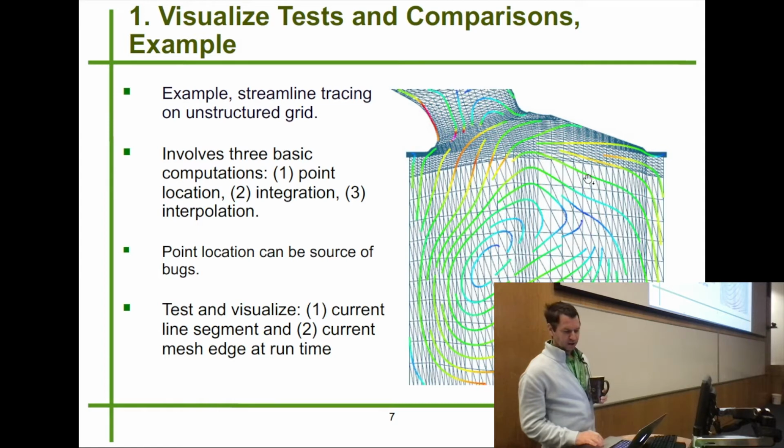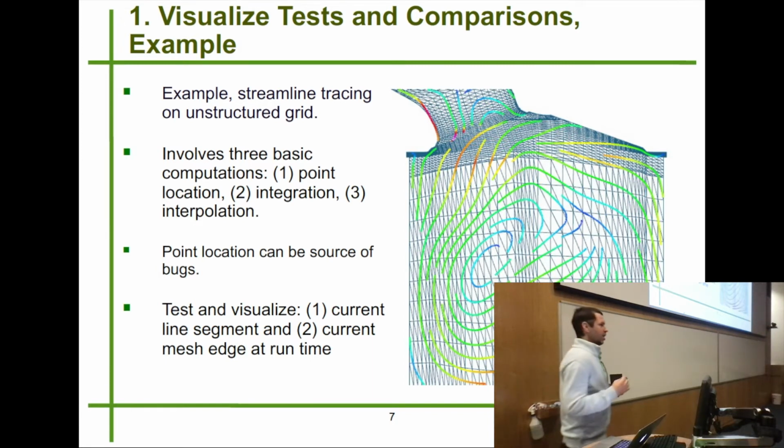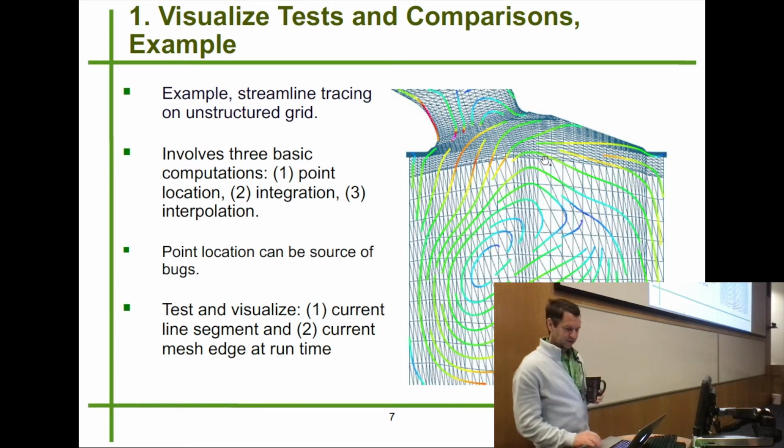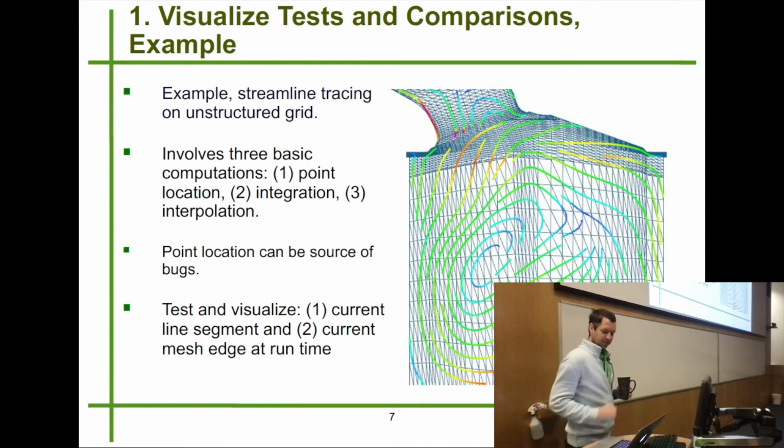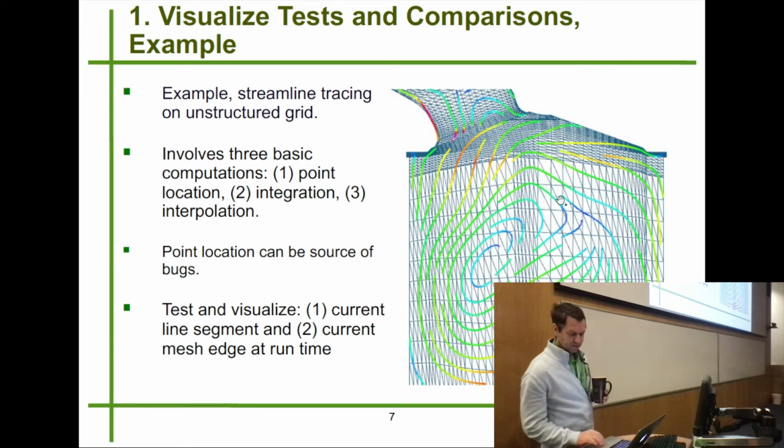And this CAD model happens to be a model of an automotive engine part, where there's fluid flow inside. And to visualize the fluid flow, we trace streamlines. Those are those colored curves. Streamlines are curves that are everywhere tangent to the flow, right? And it's very easy, for example, to run into bugs or problems when you're developing a streamline tracing algorithm, right?